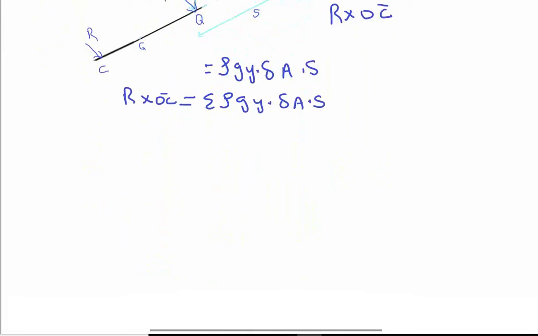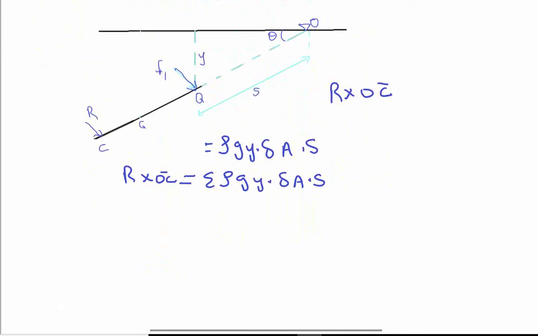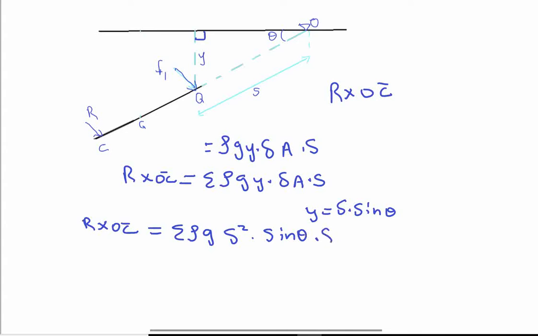Now I want to simplify this further. Remember that y, since these are right angled, will be equal to S times sine theta. So if I simplify it a bit, it will be rho g S squared sine theta, and I have my area.